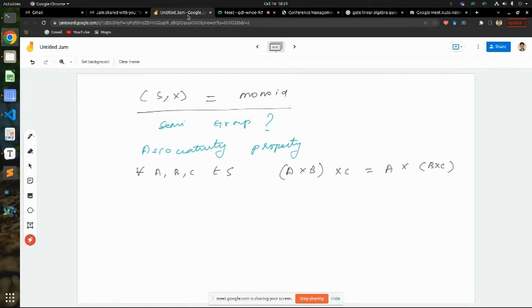Remember, associativity does not allow you to change the order of multiplication. You cannot multiply B cross A. This is not associativity. All associativity allows you to do is to change the order in which you apply the brackets.